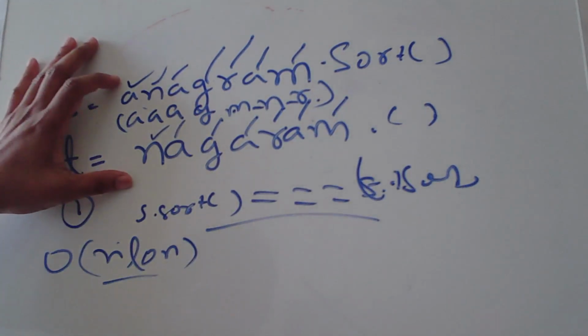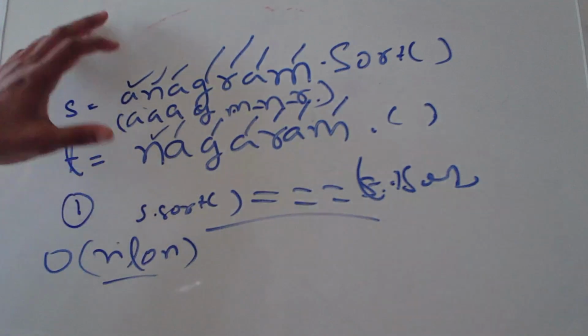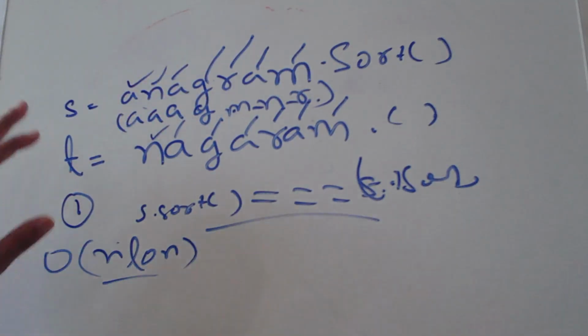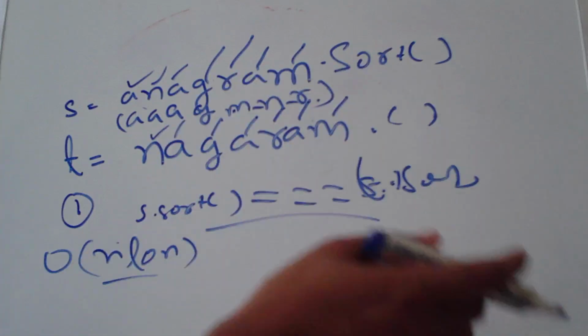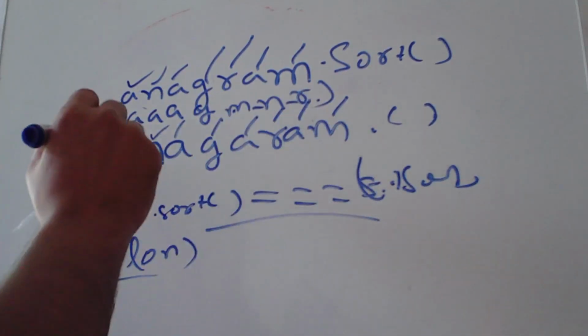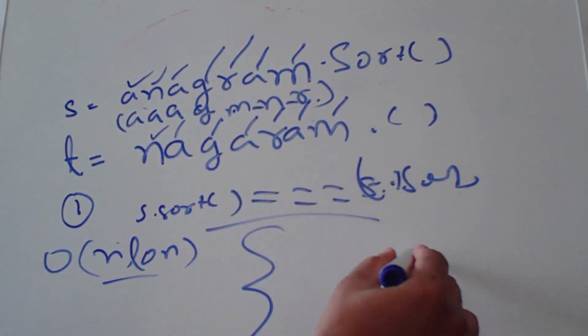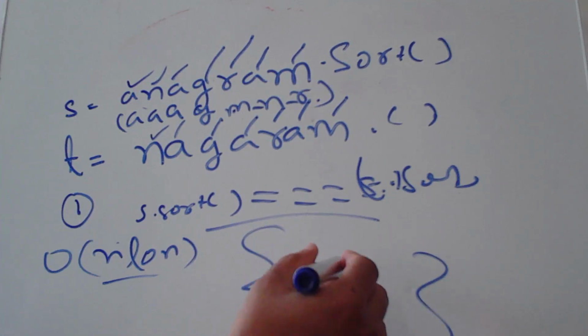See, first of all, if the lengths are not the same, we have to return false anyway, because they can't be anagrams. But if the lengths are the same, then we're gonna iterate from left to right up to the same length, right? And every time we find a letter, we're gonna create a hash map and keep track of the occurrences.